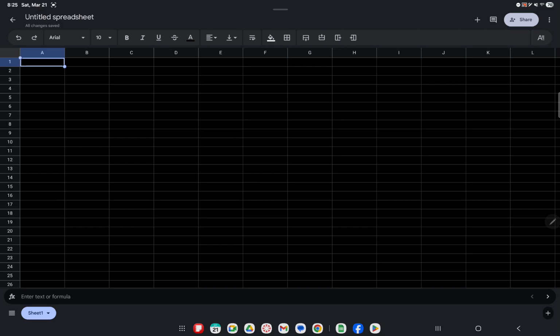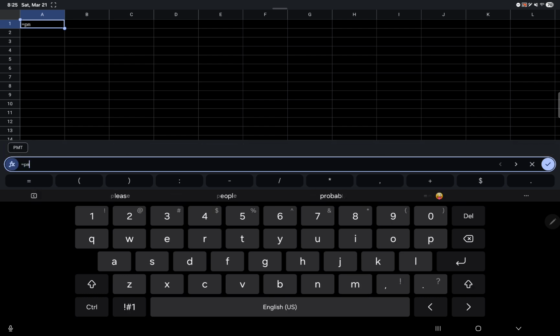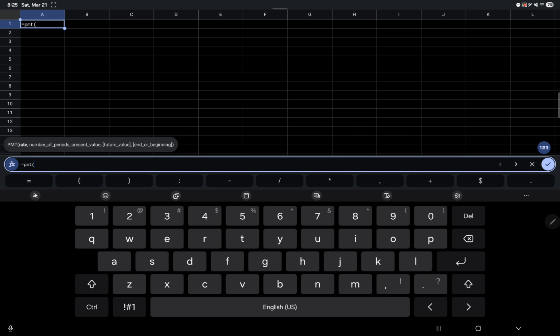All right, so remember, we go into a cell. If it'll let me type. Sometimes with my tablet, it doesn't like things. Okay, and we want to do equals, and then PMT for payment, and then it'll pop up all the things we need. Let me go back and reread the scenario.